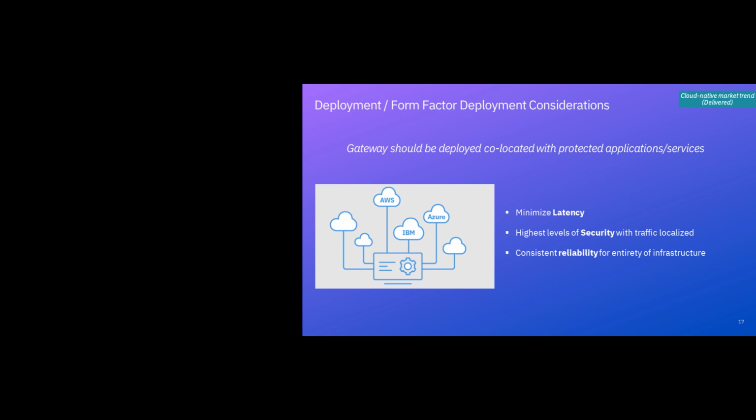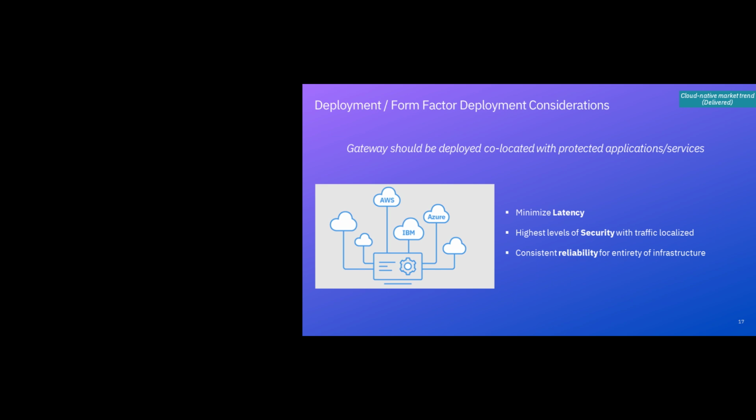You'll also get, with these smaller ones, the highest levels of security because you're not hopping around the internet. Although, with modern SSL level security, that's not as big a concern, especially if you do things like two-way SSL. But the point being is you're not hopping around the internet.